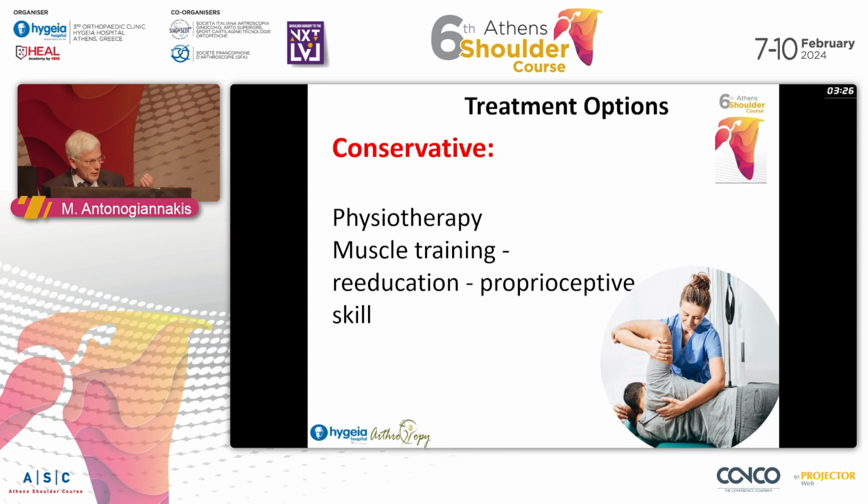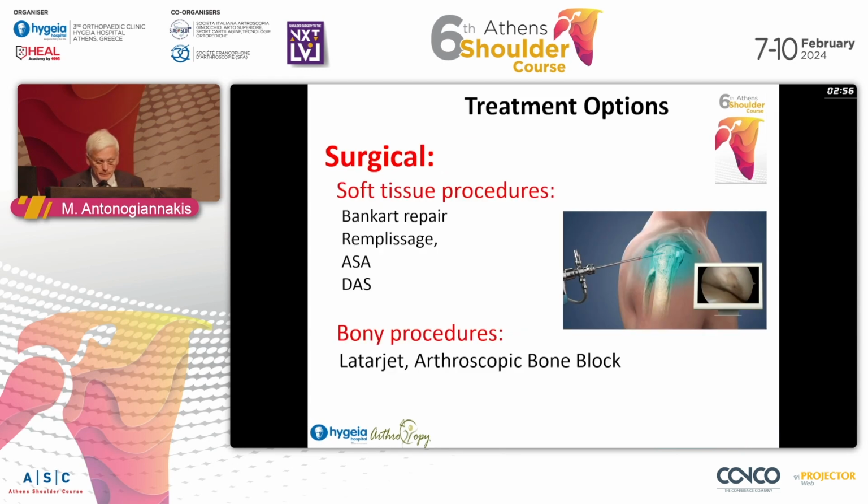What keeps the humeral head in place are the muscles around the ligaments, and they are getting information from the ligament about the relation between the position of the humeral head and the position of the glenoid, and this makes them react accordingly in order to stabilize the joint. So physiotherapy, a rehabilitation program after the operation or without an operation, is very important.